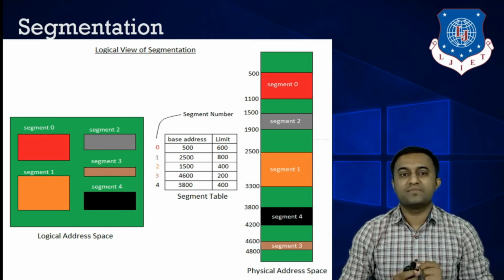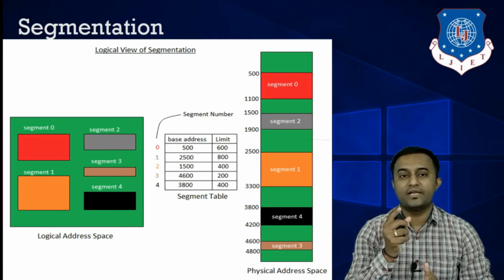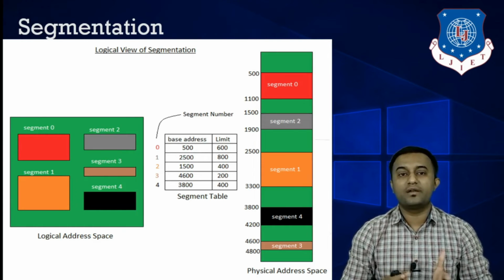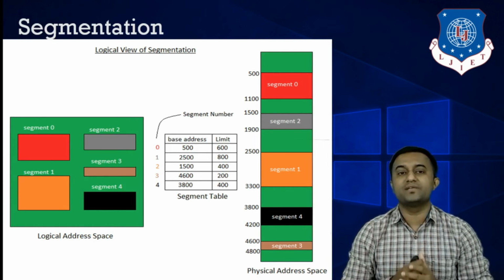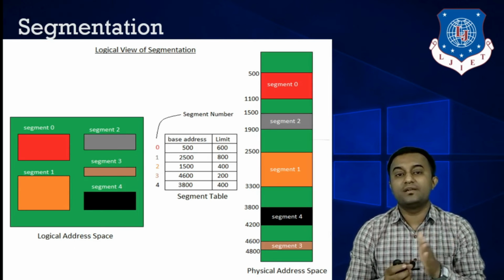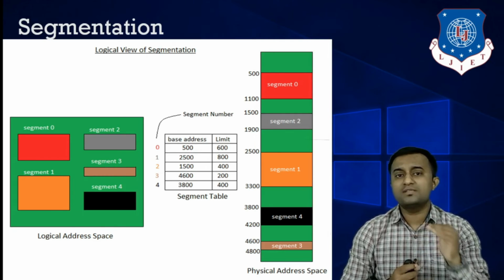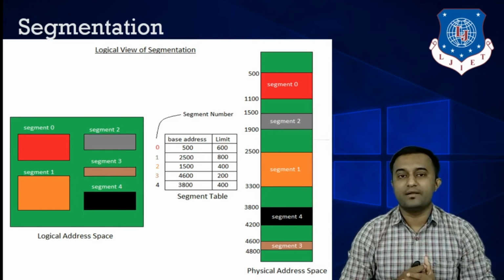There are various base addresses mentioned, like the first one is 500, then 2500, then 1500, then 4600, then 3800. This is the base address, right? And limit means what? What is the total size of that particular segment? That we call the limit.